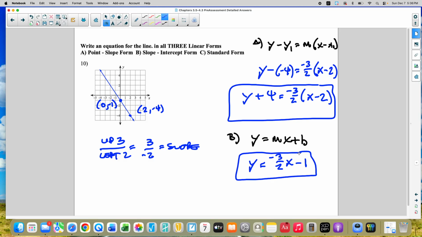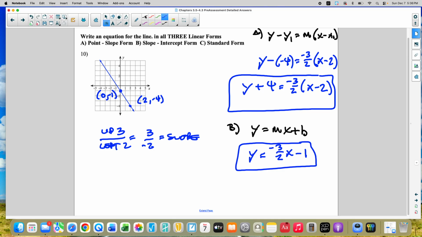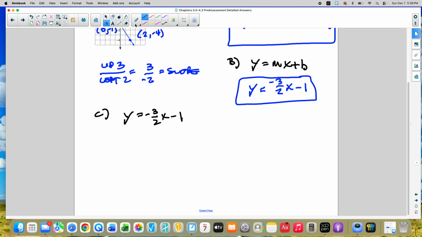Now, to get standard form, as we already talked about earlier, we'll do this. We can take either of these. This one's much easier. We'll take the slope-intercept form, and we'll move that x over, because x and y have to be on the same side, and my constant has to be on the right side.